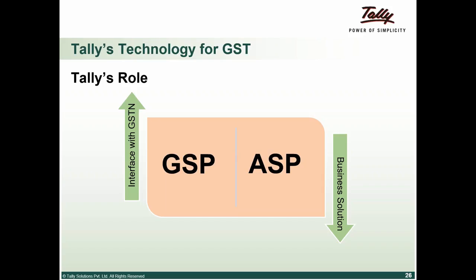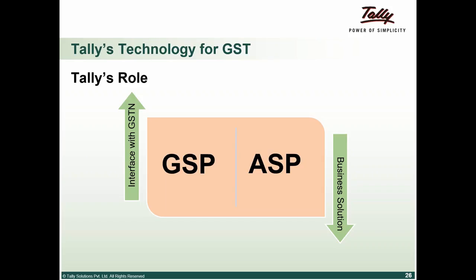Now, in the previous slides we saw how the GSP plays as a gateway kind of thing. Now, this GSP interfaces with GSTN, right? And ASP is application service provider; if you can relate to ASP, then Tally is an ASP. We also want to be a GSP, right? Now, let us assume that everything goes fine and we become a GSP.